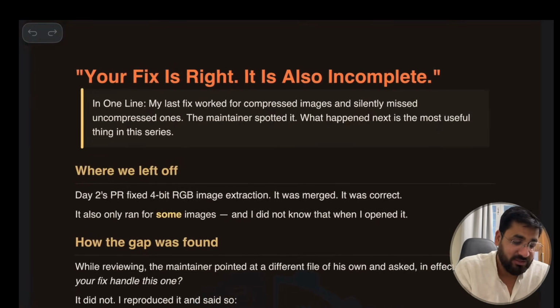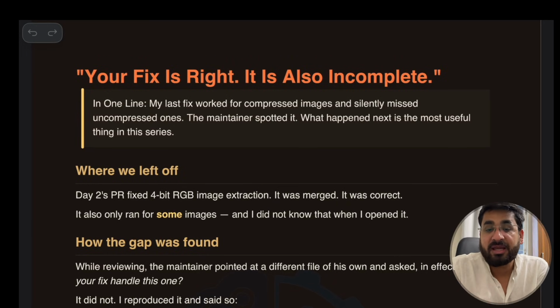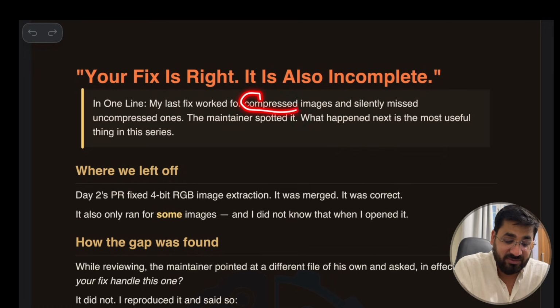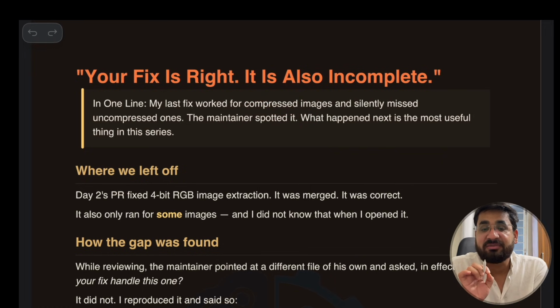So my last fix only worked for compressed images, and it silently missed the uncompressed ones. You got the intention? It only covered the first half.